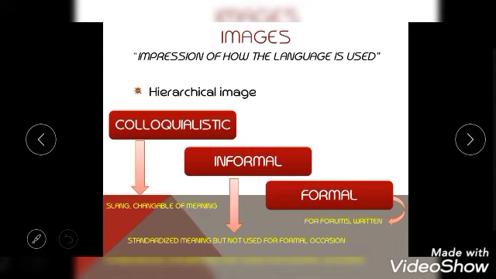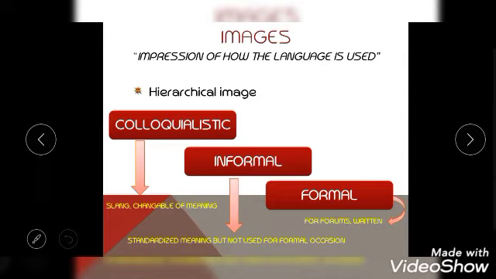The second image I present here is hierarchical image. It is the impression of how the language is used based on levels. There are three levels of language image based on the hierarchy.